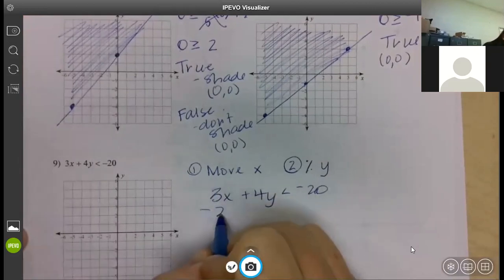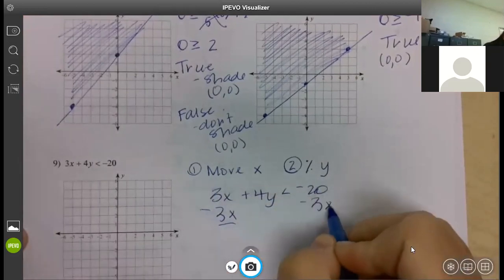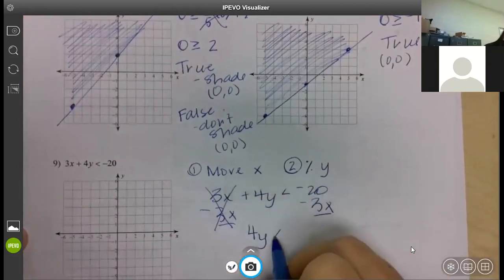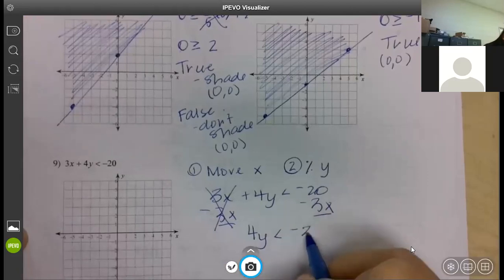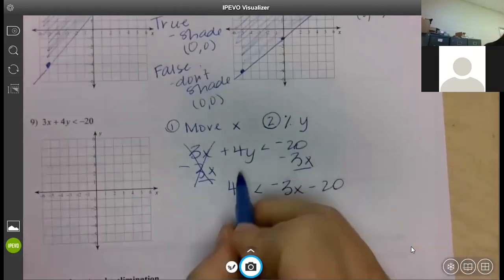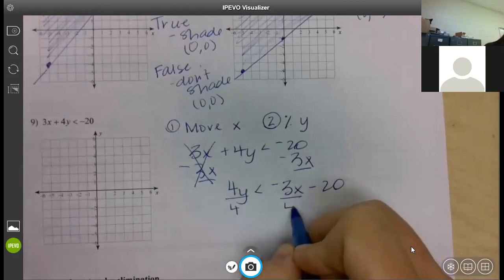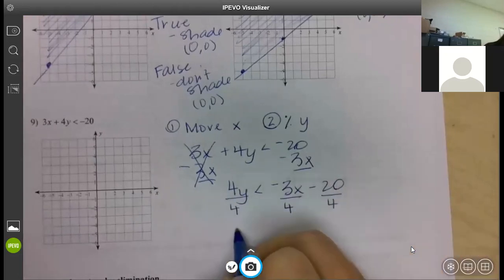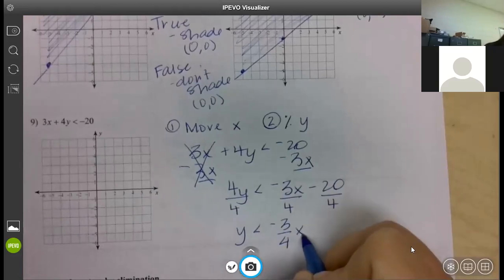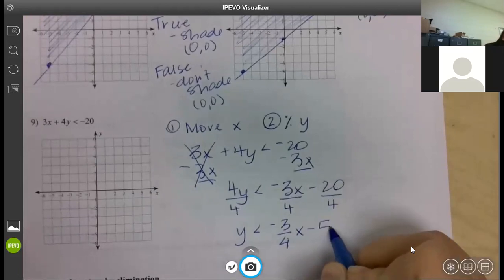To move it, we subtract 3x. Those cancel out. We get 4y is less than. I'm going to put my x first, negative 3x minus 20. Your second step is to divide by y. Then we get y is less than negative 3/4 x. 20 divided by 4 is 5.